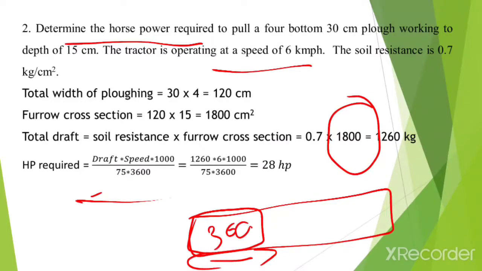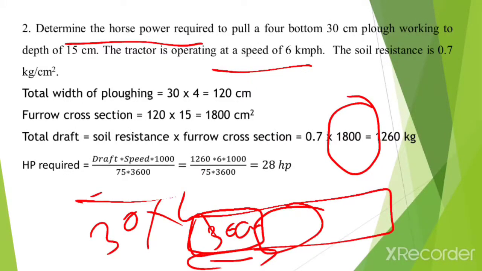There are total 4 bottoms, so 30 into 4 is 120. Then 120 into 15, so furrow cross section is equal to 1800. Now this value 1800 is used to calculate the total draft. So soil resistance into furrow cross section, the final value is 1260 kg. So total draft is 1260 kg.